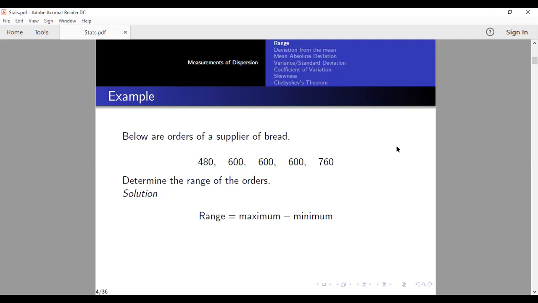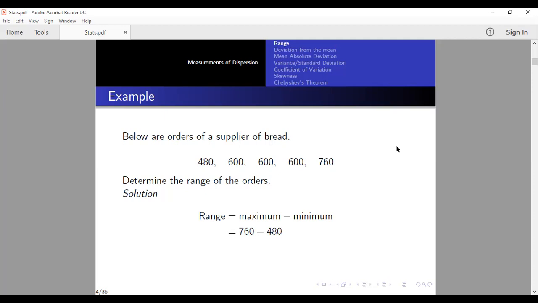So the range may use the outlier if the outlier is the maximum value, which of course basically tells us that we cannot actually trust the range as much, but it does give us an idea of how vast or how far apart the smallest and the largest value is.